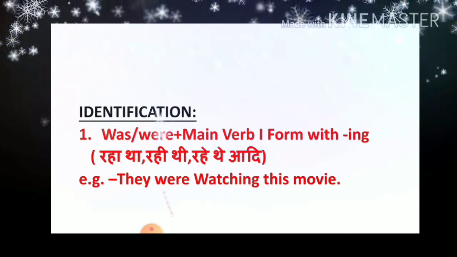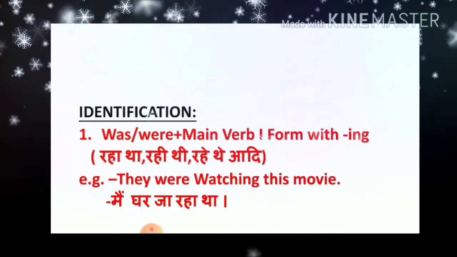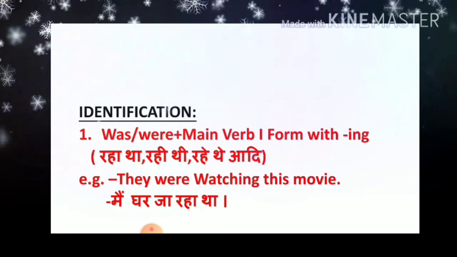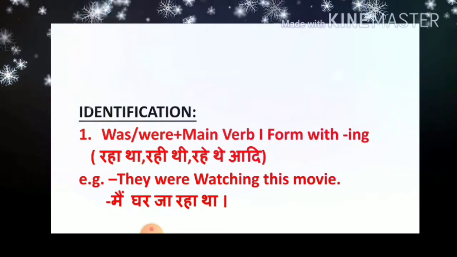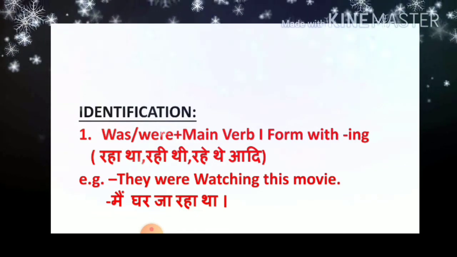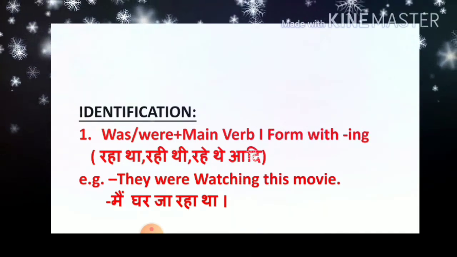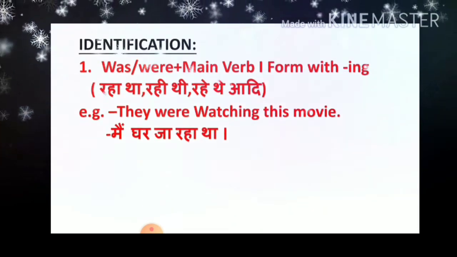And another example is here: मैं घर जा रहा था. So here you can see that in the example रहा था is the terminating word of the Hindi sentence, and were watching is the indication of this tense, the continuous.